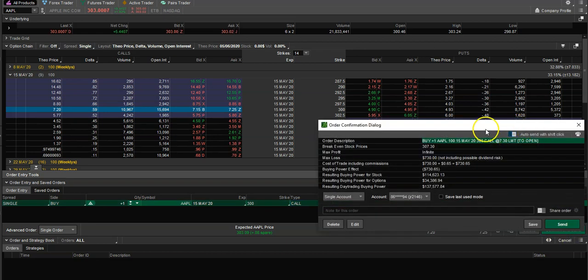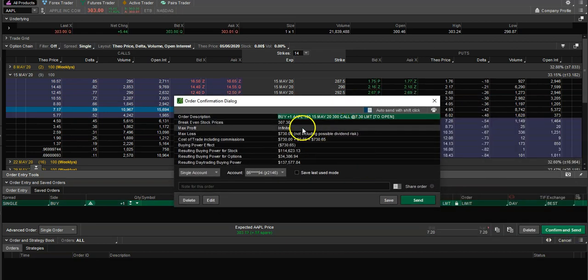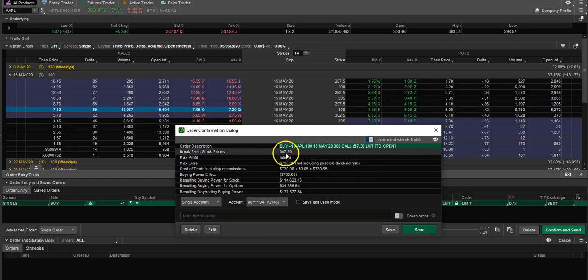If I click confirm and send, here we could see the break even of this would be 307. So we would need the stock to be above 307.30 by expiration. All we're doing is taking this 300, adding the 7.30 to the price, and that becomes your break even.